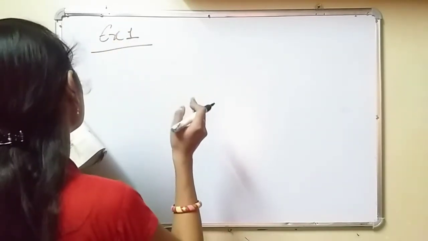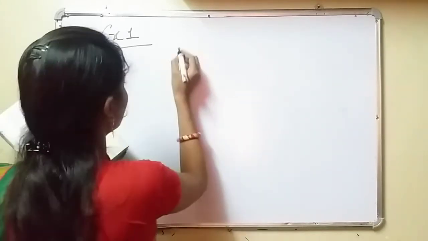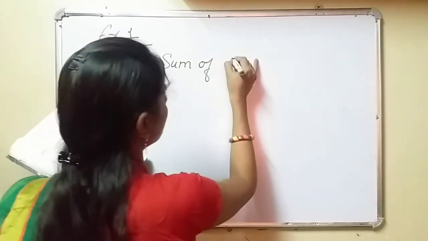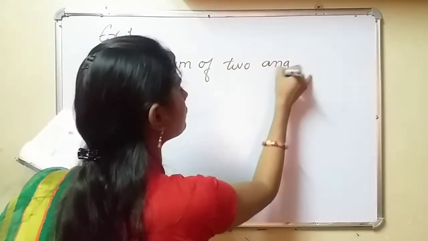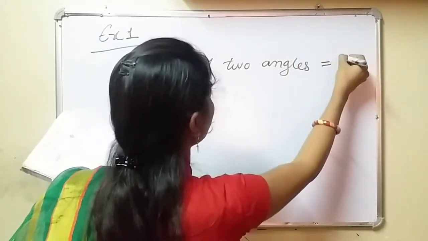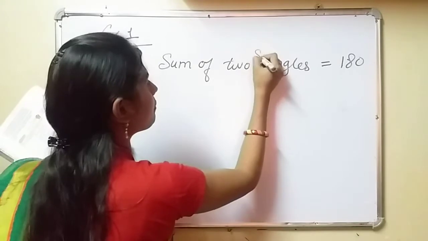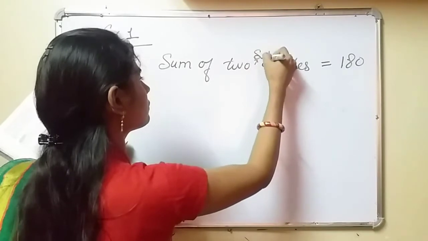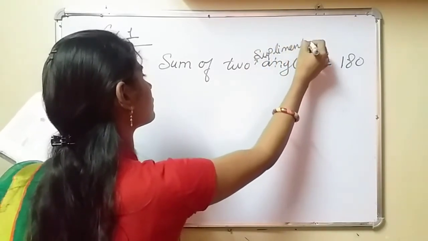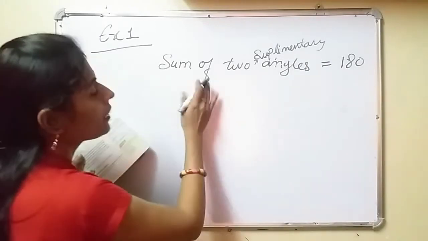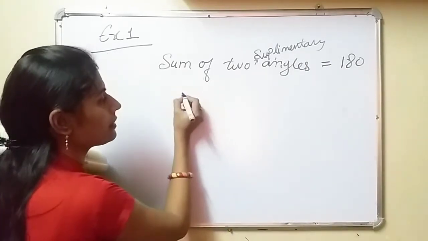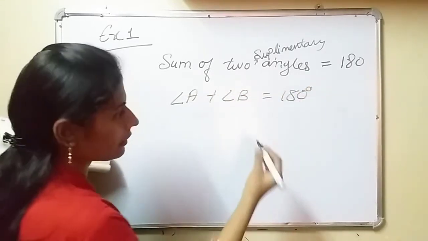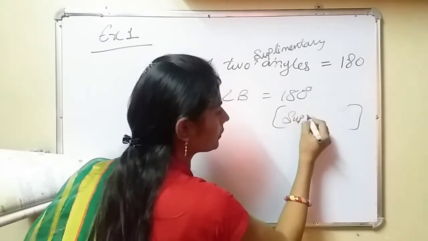You know the sum of two supplementary angles is equal to 180 degree. So if one angle is A, angle A plus angle B is equal to 180 degree, which is a supplementary angle.